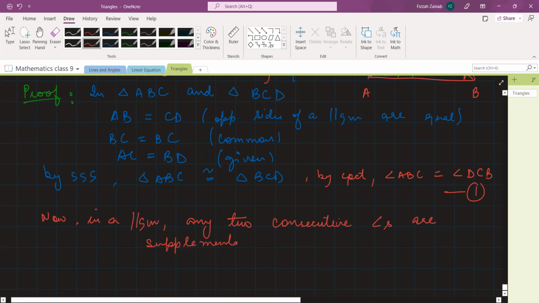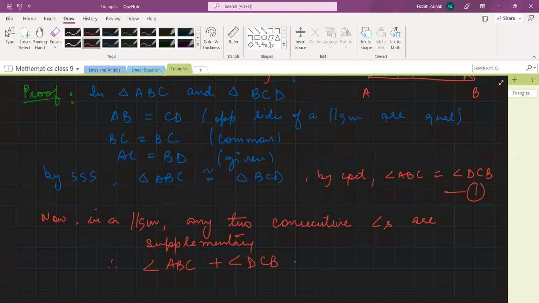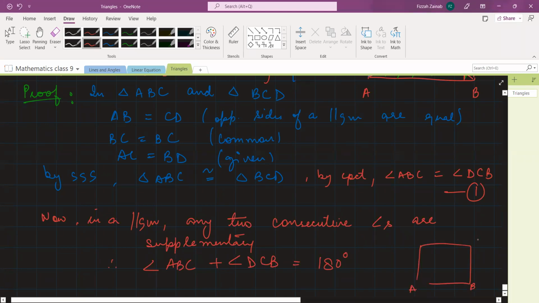This is a theorem that we know, right? So we can say, therefore, angle ABC plus angle DCB is going to be 180 degree. That clear? This is ABCD. That means this angle plus this angle. They are consecutive angles, right?